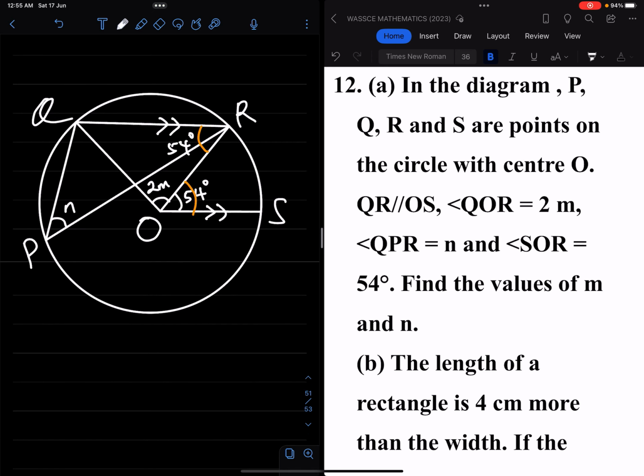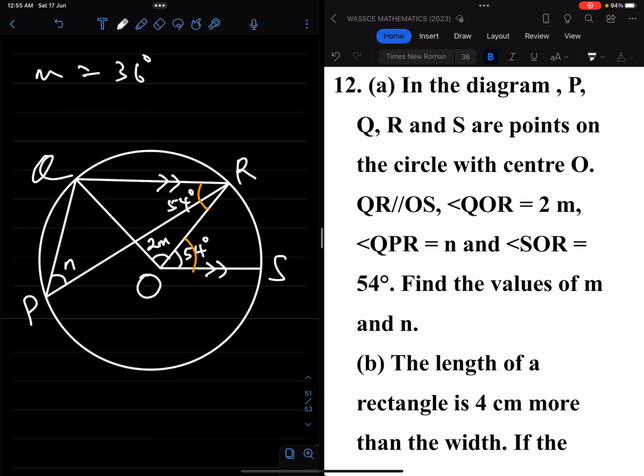Now how do we find N? We can see that angle QPR and angle QOR are circumference and center angles. Angle QPR is at the circumference while angle QOR is at the center. We know the theorem that says angle at center is twice angle at circumference.